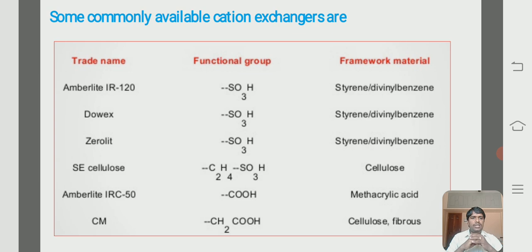SE cellulose here has C2H4SO3H and the framework material is cellulose. Amberlite IRC50 here the functional group is COOH and the framework material is methacrylic acid. The next one, CM, here the functional group is CH2COOH and the framework material is cellulose fibrous.